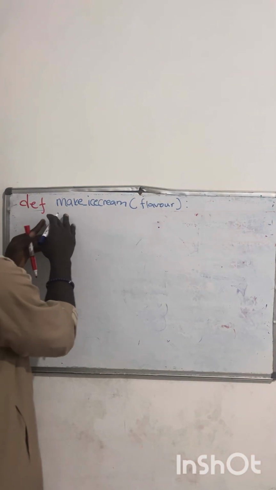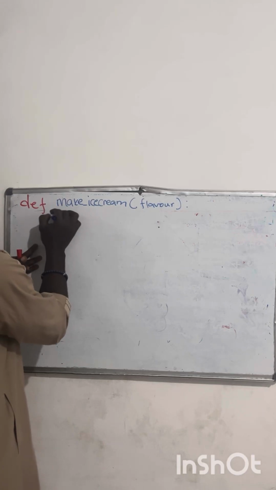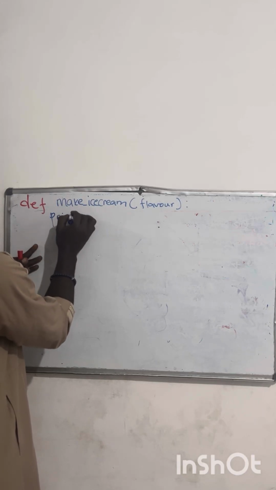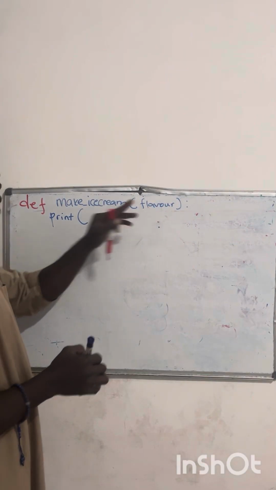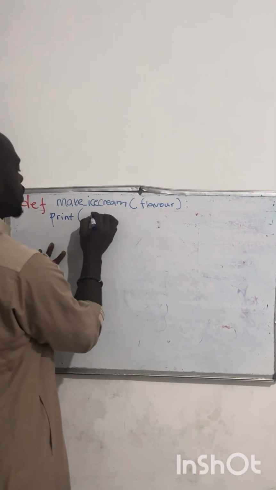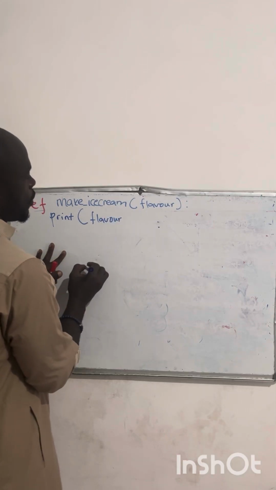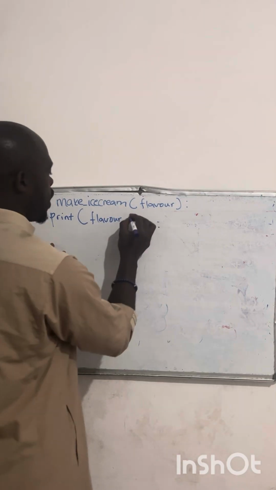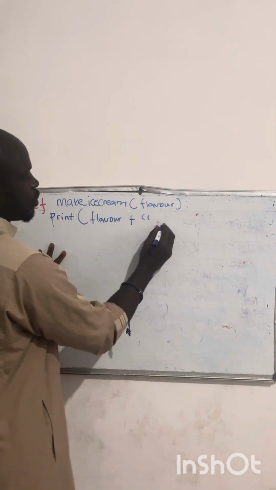So our function is going to print the flavor, and then we are going to add on a string.